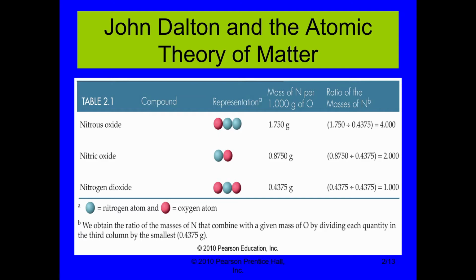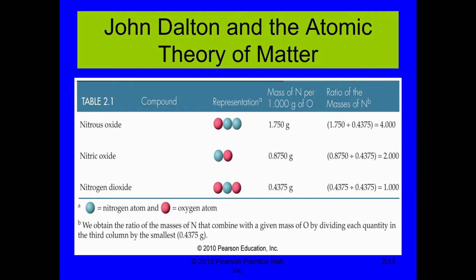Here is a direct example of the law of multiple proportions. In these three compounds in Table 2.1, we have two types of atoms present, nitrogen atoms and oxygen atoms. In the first compound, we have nitrous oxide. This compound has two nitrogen atoms and one oxygen atom.